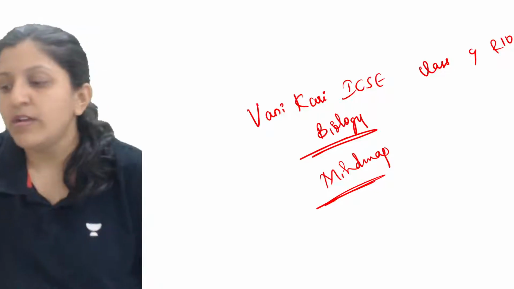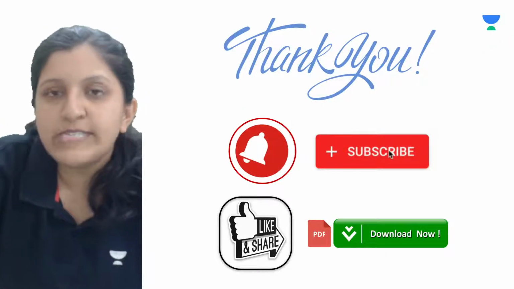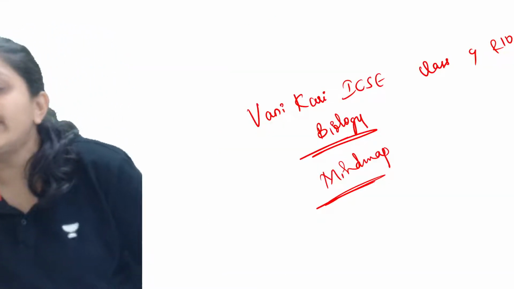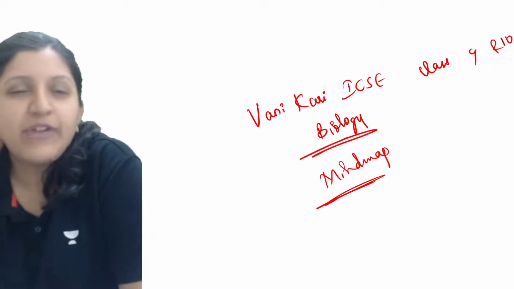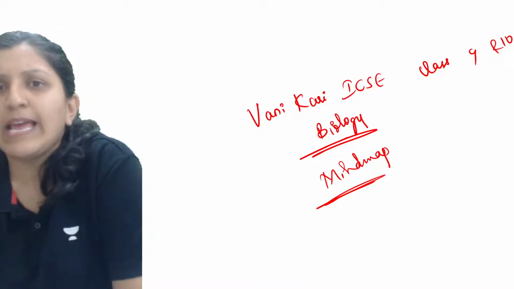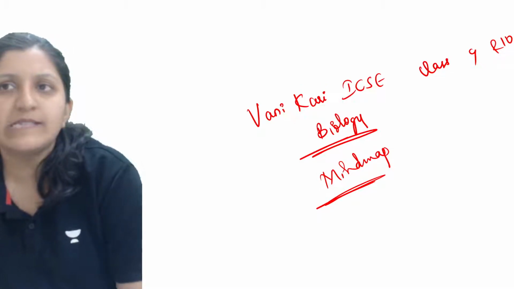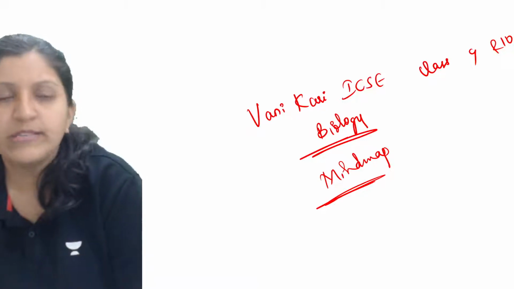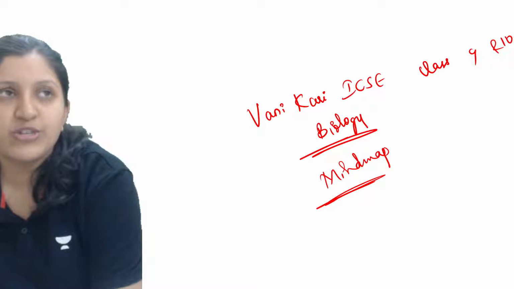Any doubts till this part? The nervous system was done, and in the previous class I think I explained the excretory system also. Sense organs, if I have material, I'll send it anyway, but I'll be conducting sessions further in upcoming classes. One session will be a mind map session, and then I'll explain the excretory organs in short.